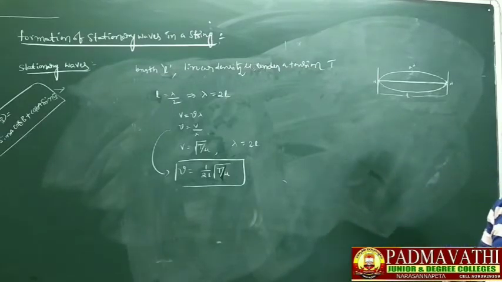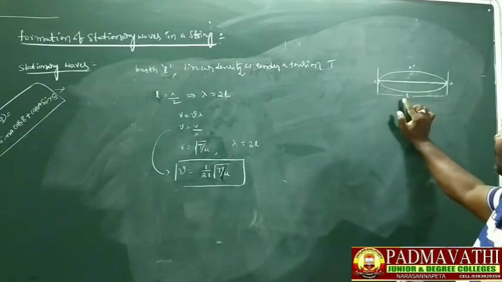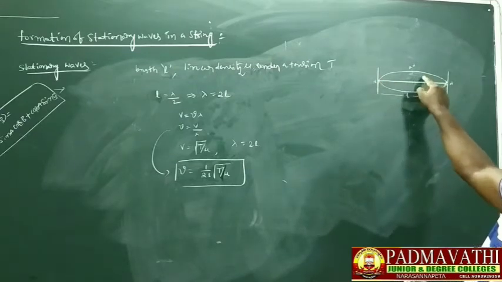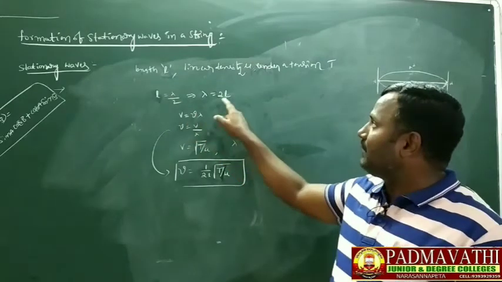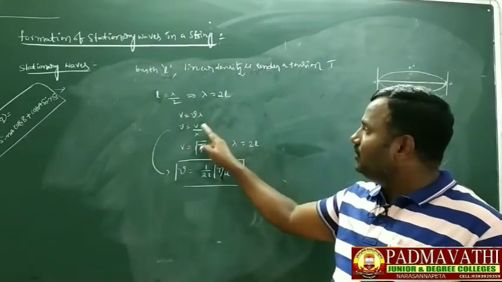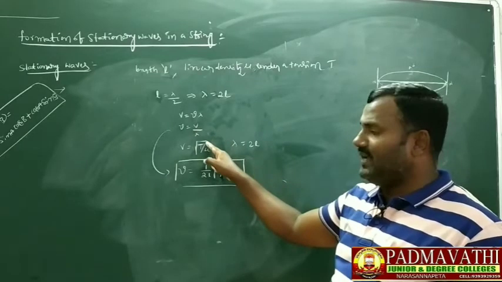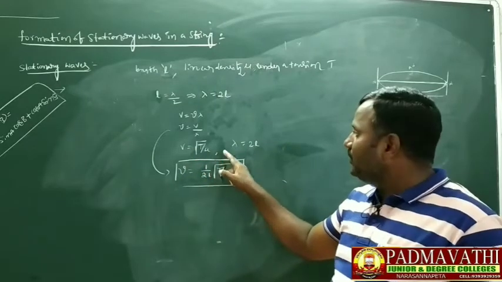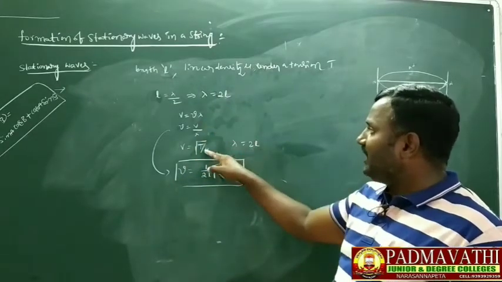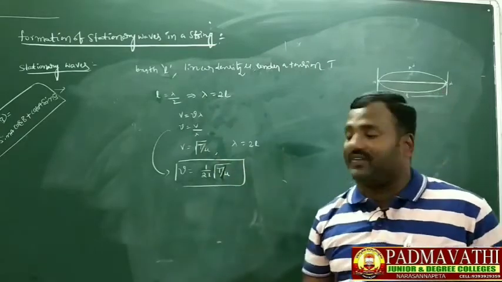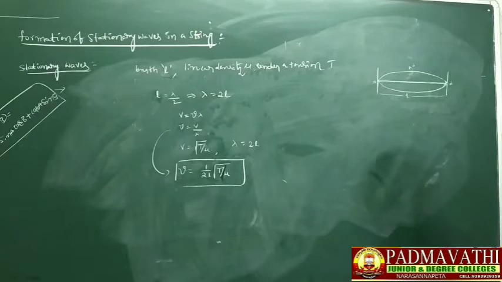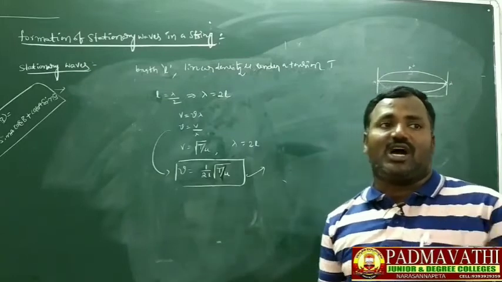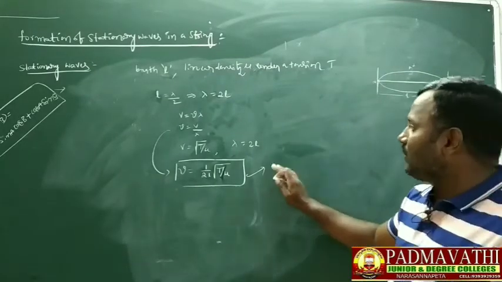Therefore the length L equals the distance between two node points, lambda by 2. Lambda equals 2L. V equals nu lambda, nu equals V by lambda. V equals root T by mu, and lambda equals 2L. Substituting these in the frequency equation, nu equals 1 by 2L into root T by mu. This is called the fundamental frequency or first harmonic.